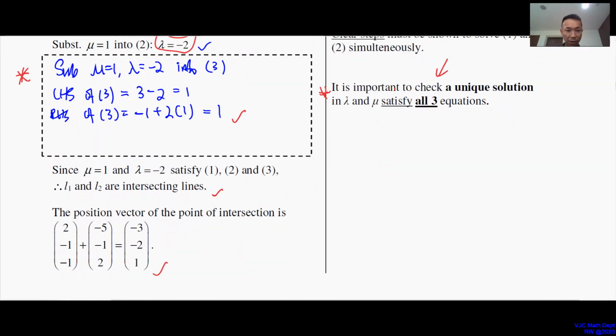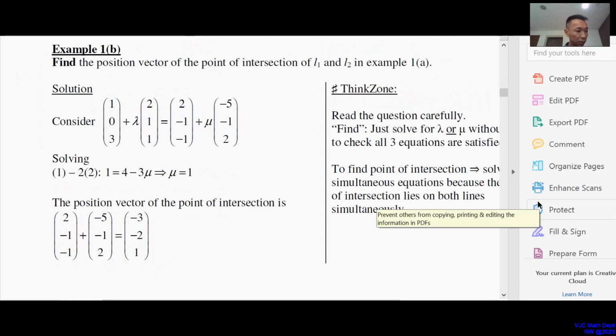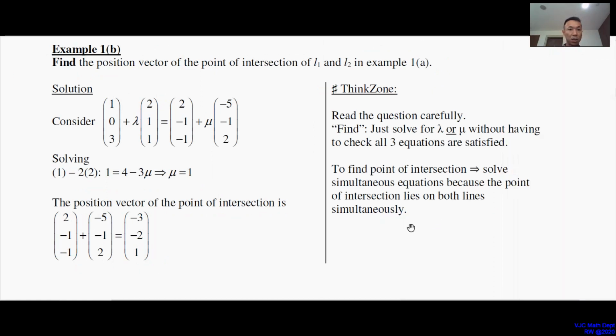Now let's take a look at example 1b. Find the position vector of the point of intersection of L1 and L2 in example 1a. Now, there is a slight difference. Read the question super carefully. The question only says find.